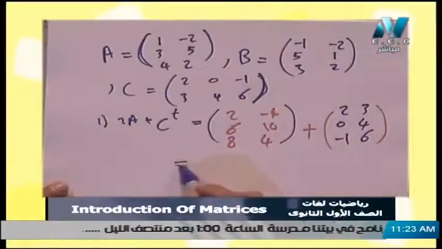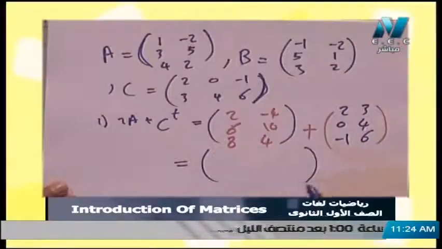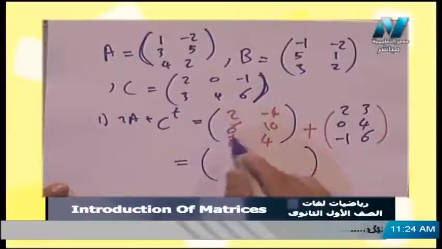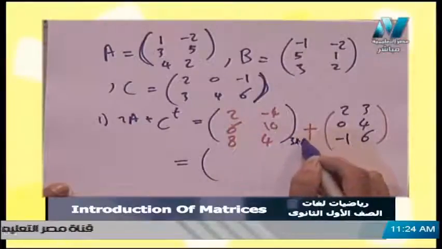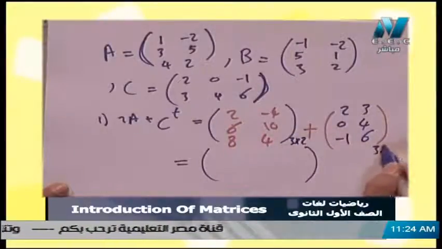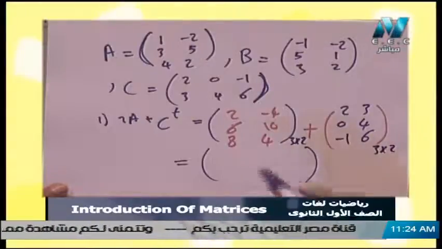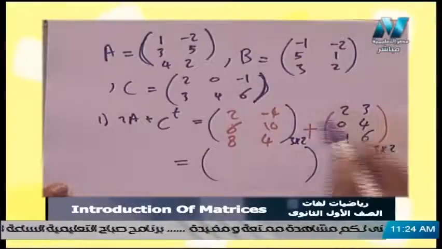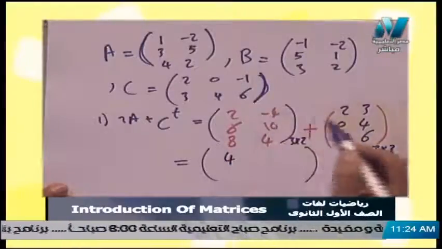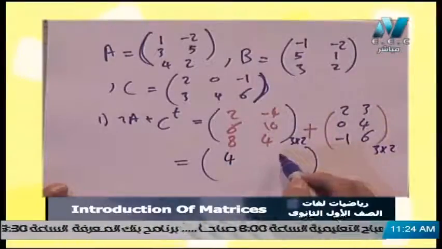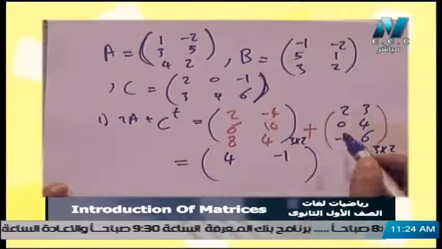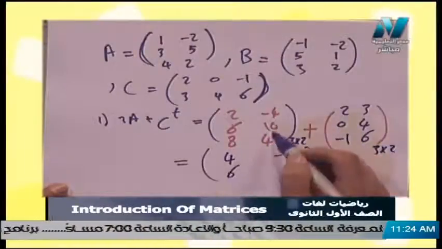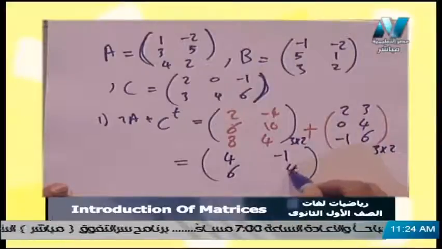Now we can add them because they have the same order. We have 3 rows and 2 columns in each. We add the first element with the first element: 2 plus 2 equals 4. Negative 4 plus 3 equals negative 1. 6 plus 0 equals 6. 10 plus 4 equals 14.